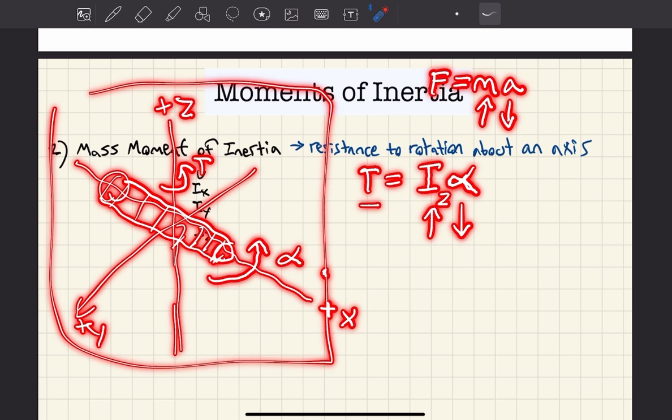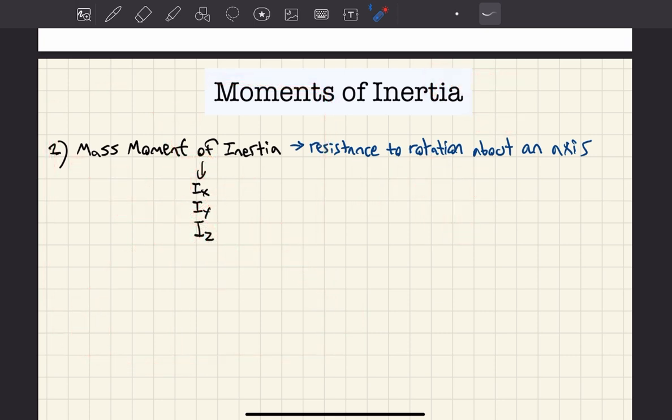So it's resisting, the same way mass is resisting linear acceleration or motion, if you look at its core, the mass moment of inertia is resisting rotation, right? It's resisting rotation and it's resisting angular acceleration. So hopefully that kind of made sense. So long story short, the mass moment of inertia resists rotation about an axis. It is a measure of resistance to rotation. Okay, hopefully that was understood.